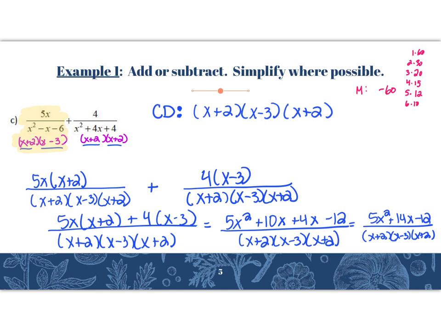Okay, I don't see... Am I missing something? I don't see any that would add. We need the bigger one to be positive, so these would all have to be negative. And I don't see any that would add to positive 14. So this is our final answer.